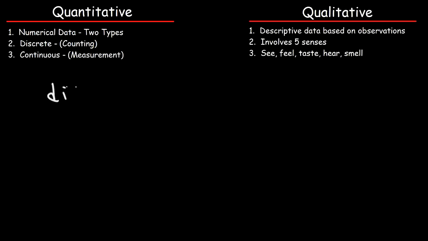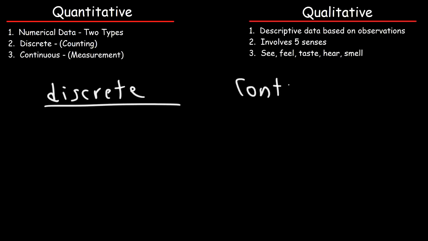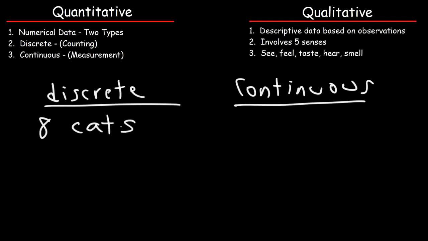You have the form that is discrete and the form that is continuous. Now, discrete data, it's based on counting. For instance, let's say if there are 8 cats, that's a discrete number. You cannot have 8.5 cats.